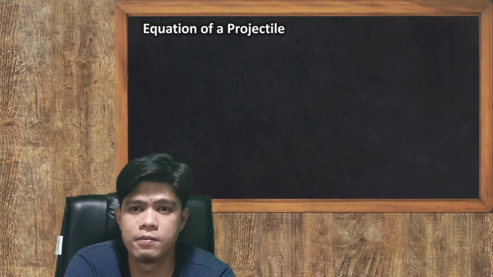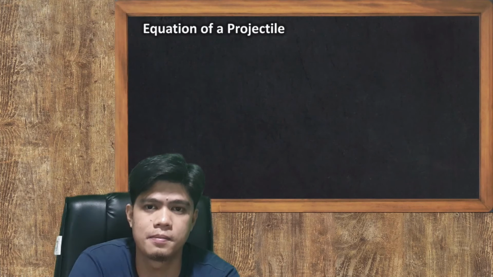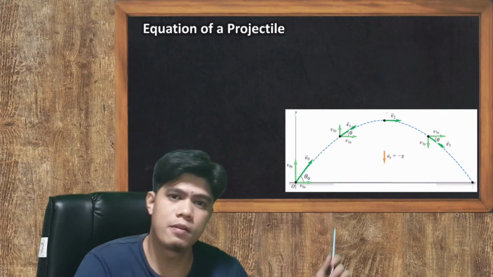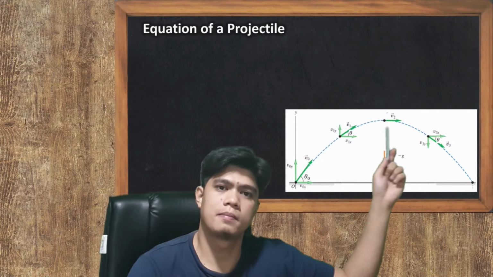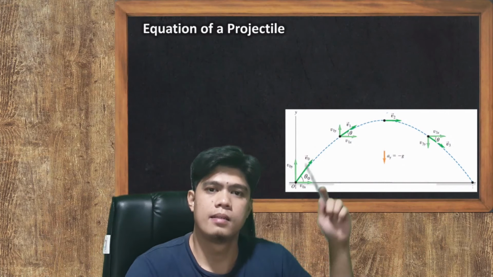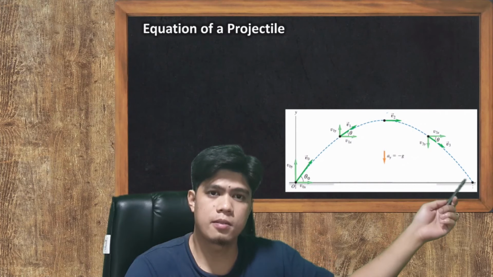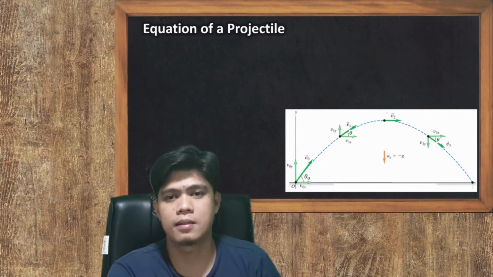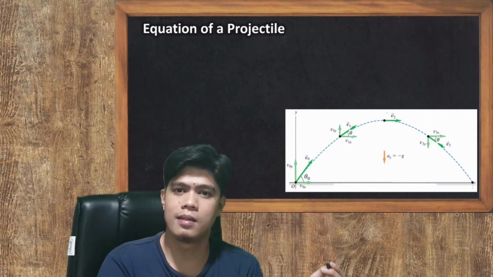So now let's solve the equation of a projectile. So we have here a trajectory. Okay, the shape of this trajectory is a parabola, so we expect that our equation should be a parabola.